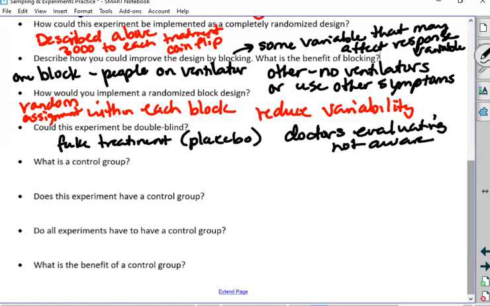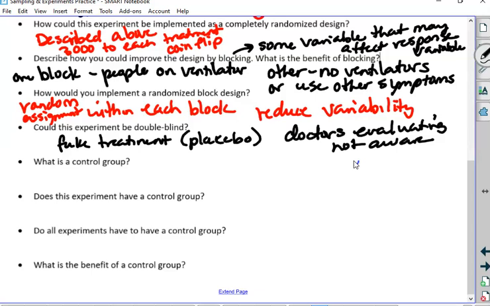What's a control group? Oh, sorry, do you have another question? Yeah, go ahead. Okay, so maybe this is just, do we need the doctors evaluating them to be blind to whatever treatment it is? Sometimes yes, sometimes no. Because all diagnosis involves a judgment call to some extent.